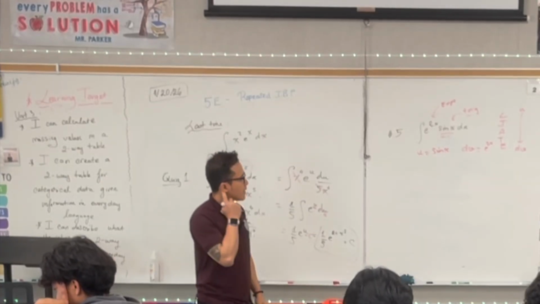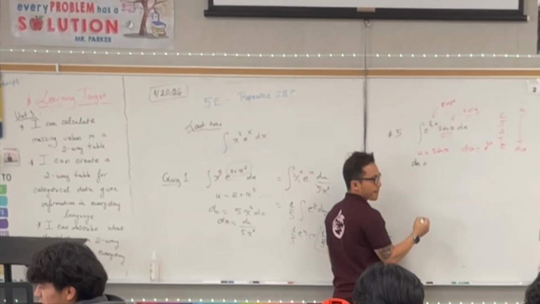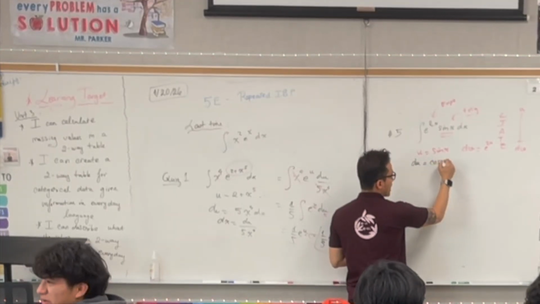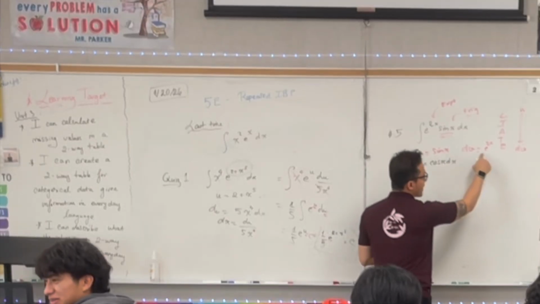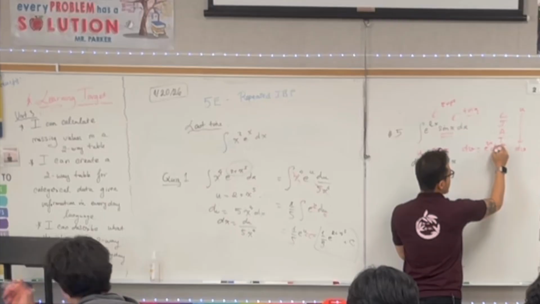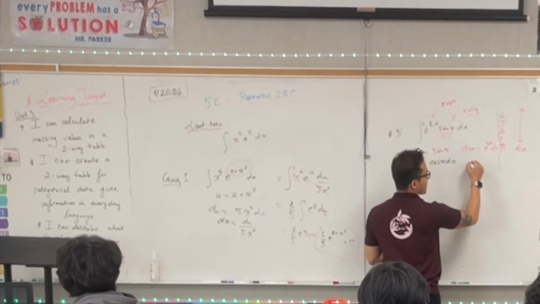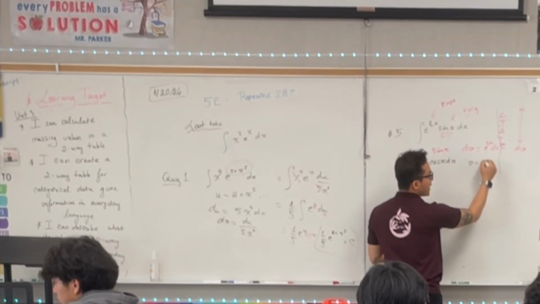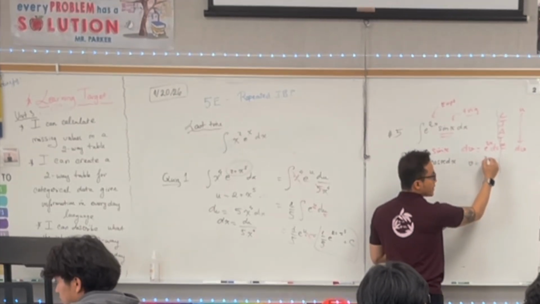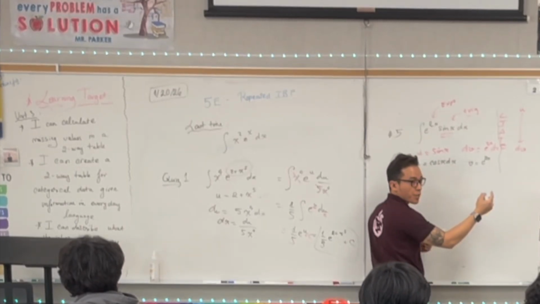Okay? Now u is sine x, then what is the du? Cosine x dx. dv is e^(2x). What is v? v equal to e^(2x) times 1 over 2, right?